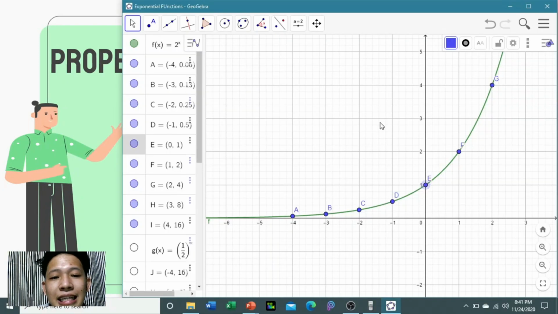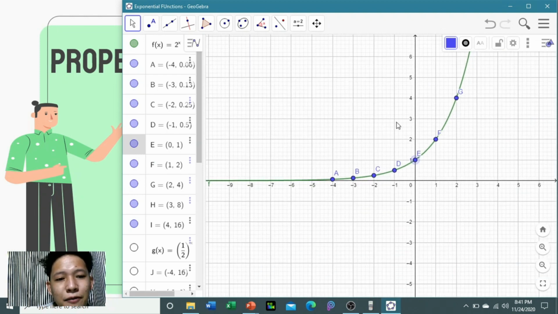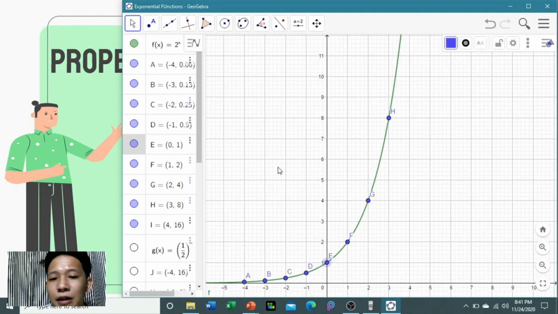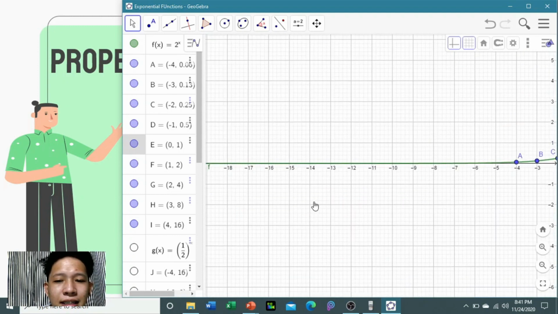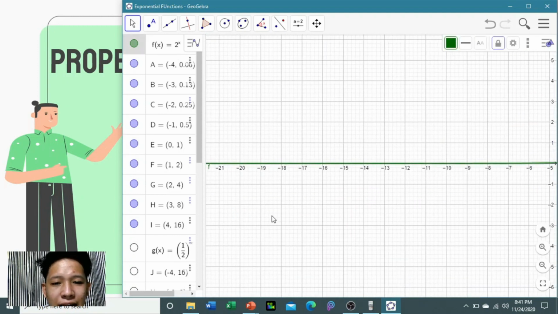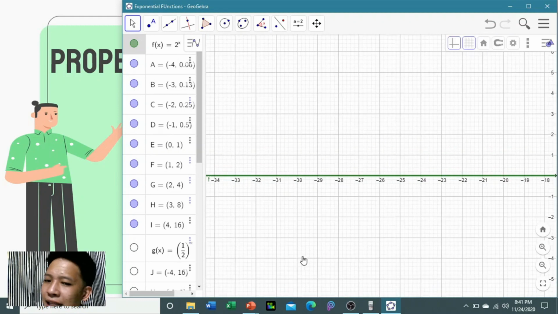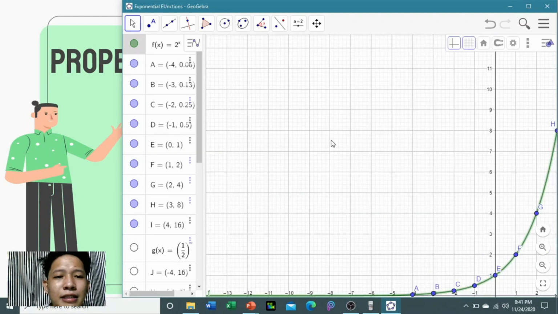Okay? Kung titignan natin yung ating graph, and if we're going to extend the graph on both sides, kapag sinabi nating domain, ito yung posibleng maging value ni x. So kung makikita natin yung graph, pwede siya kahit infinitely many doon sa left side.